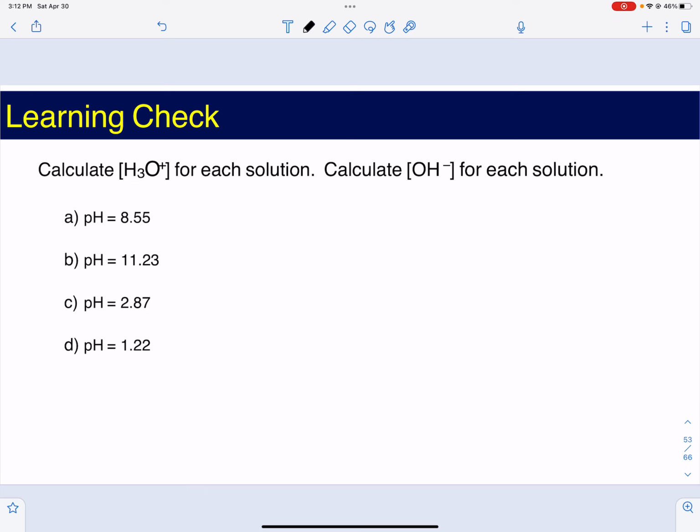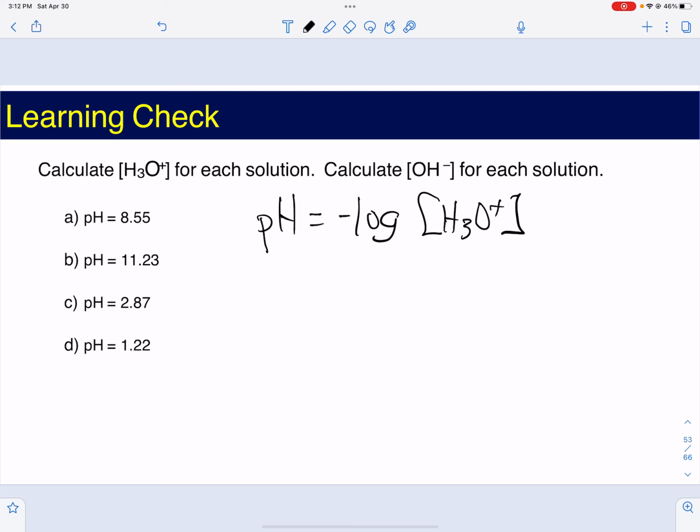What about this? Now we need to calculate not the pH, but the concentration given the pH. So we know that pH equals minus log of the hydronium concentration. So if I want this, I need to get rid of that. So the inverse of the minus log is 10 to the power of.